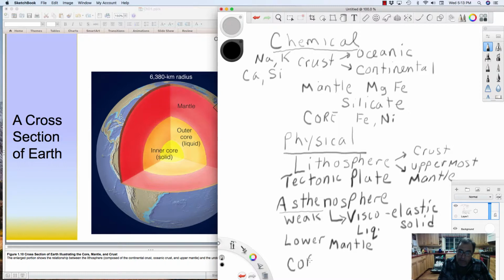Remember, for the core, we're going to have an outer liquid core, and later on I'll explain how we know that, why it's liquid in the outer core. Temperatures are high, but the way earthquake waves travel through the Earth gives us information about the liquid nature of the outer core, and then we have a solid inner core. So anyway, those are our layers, physical and chemical.